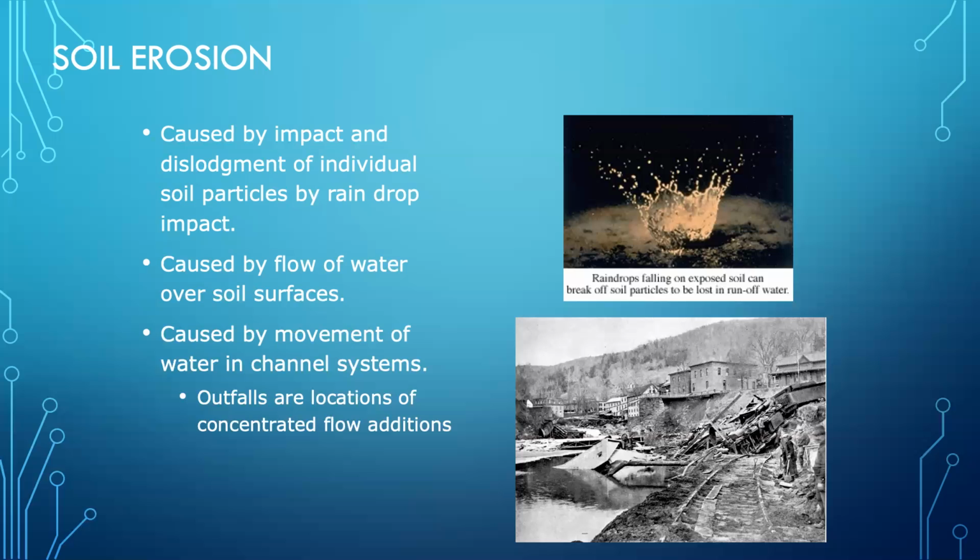And in that lower photograph, high flow in this stream at some point before the photograph was taken eroded away this entire embankment, and material fell into the river. These look like structures. A choo-choo train was washed off its tracks. So there's a considerable amount of force in flowing water.